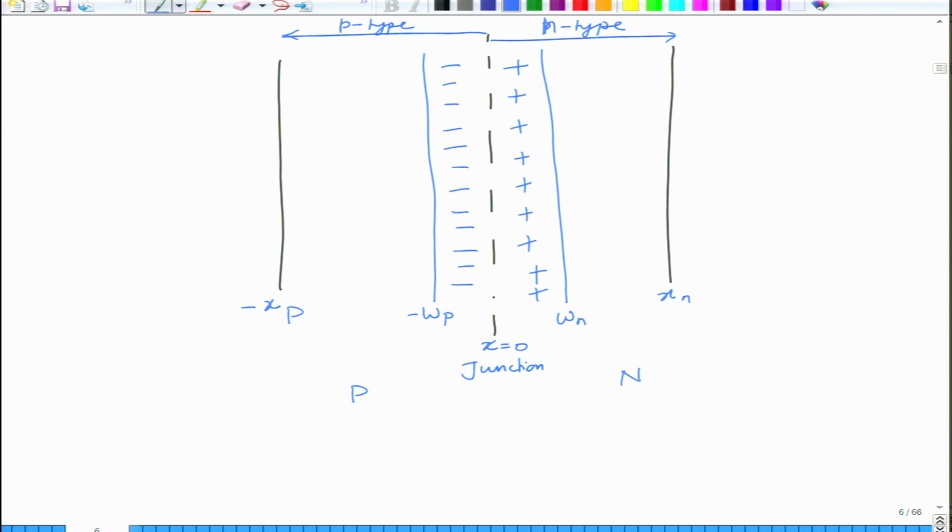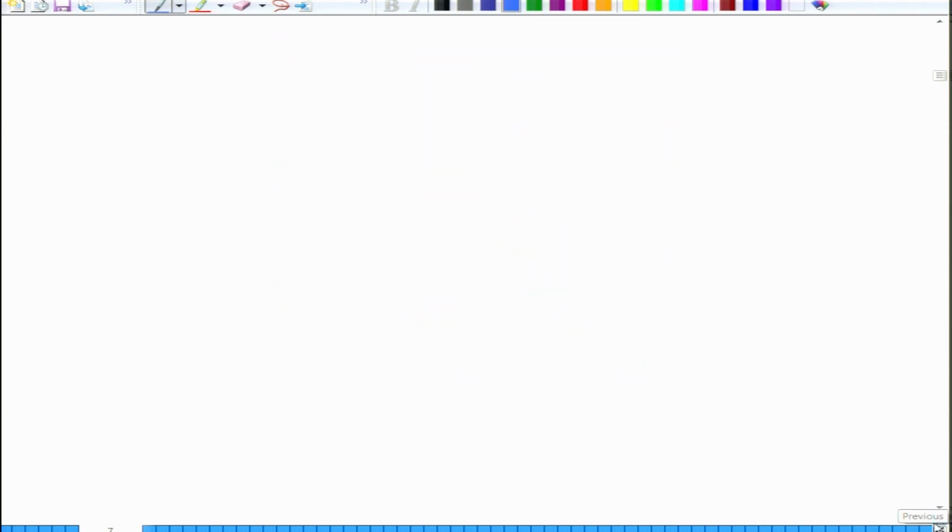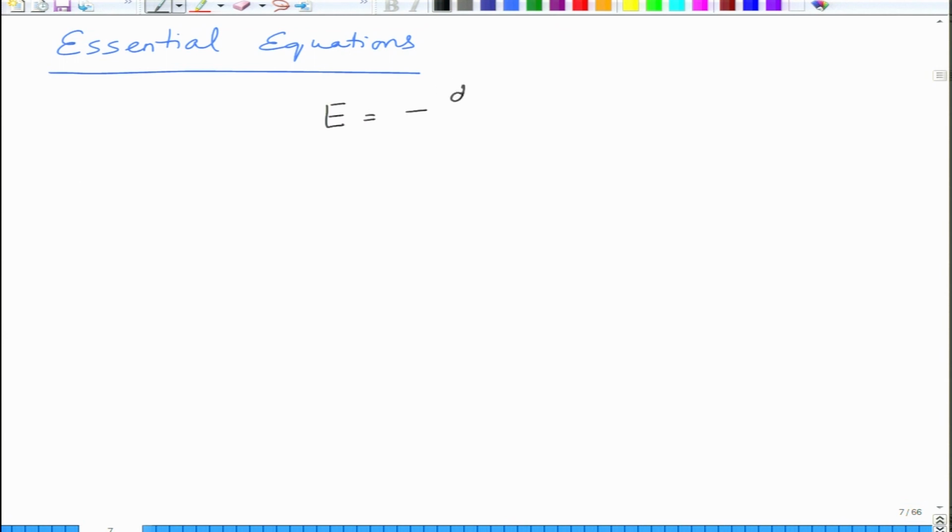Let us first look at the essential equations. We know that electric field is equal to minus d phi by dx.